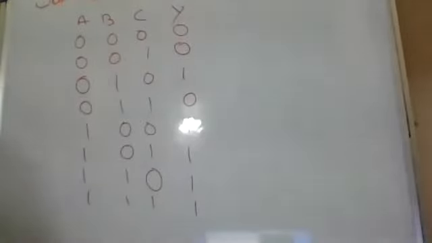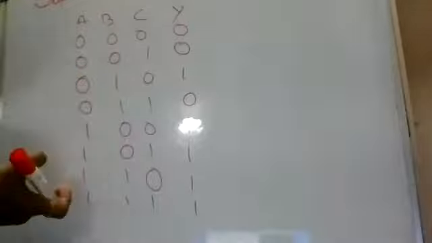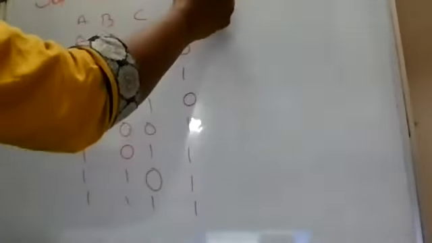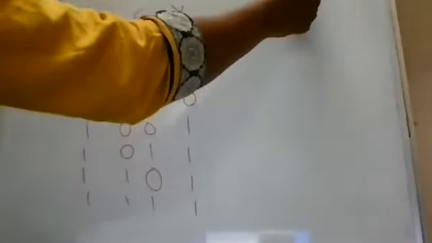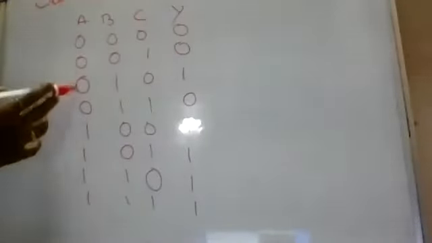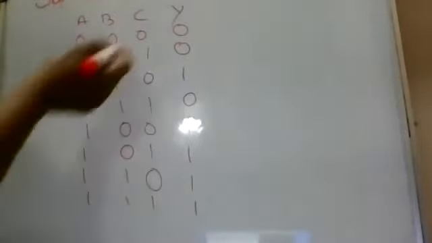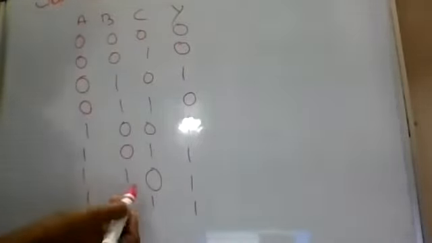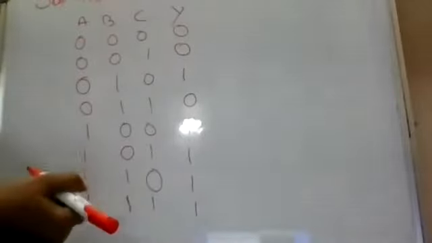For this truth table, we are given only 3 variables, so the combinations are 2 power n equals 8. 1, 2, 3, 4, 5, 6, 7, 8 combinations. In the 8 combinations, we write the output values.